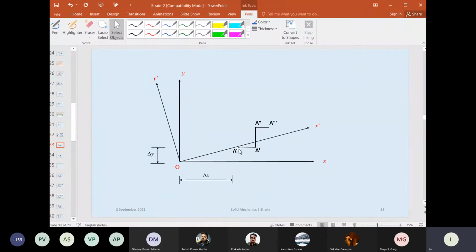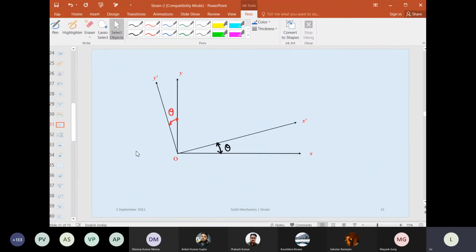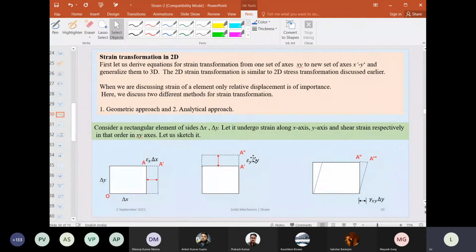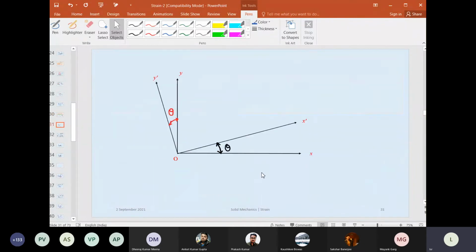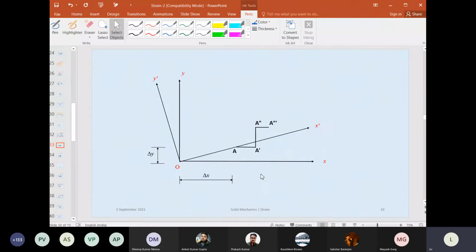Now what happens? It undergoes stretching in the x-axis, epsilon xx into delta x. Then A dash will go to A double dash. What is that length, A dash to A double dash? Then it goes from A double dash to A triple dash because of shear strain. Is that okay?